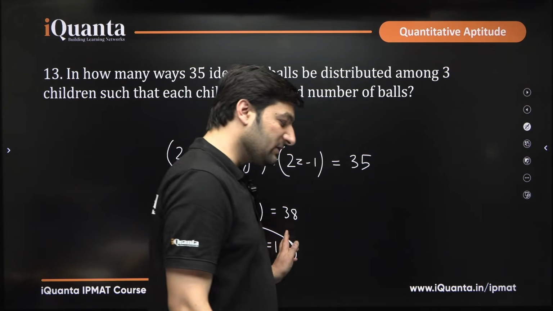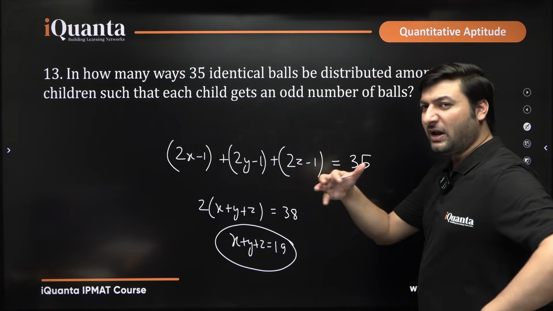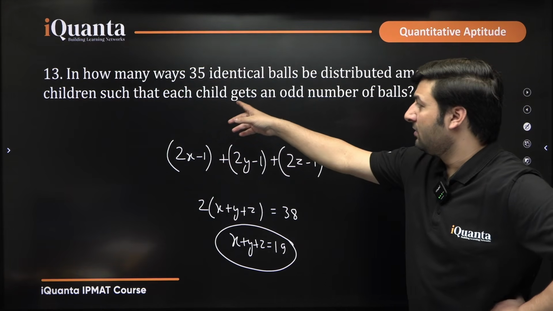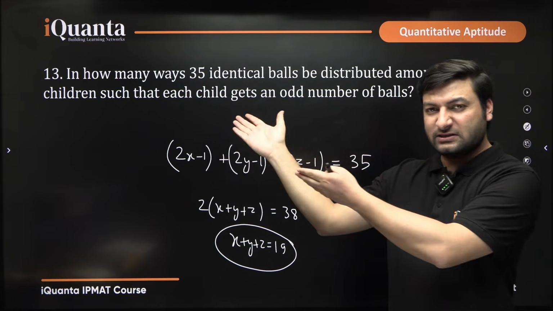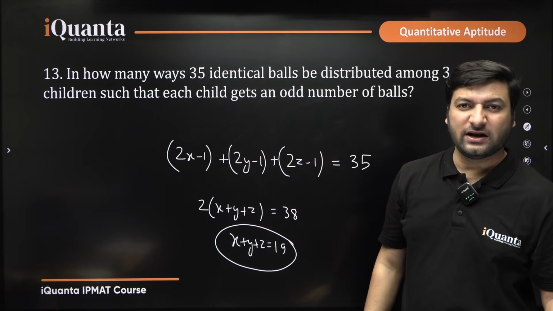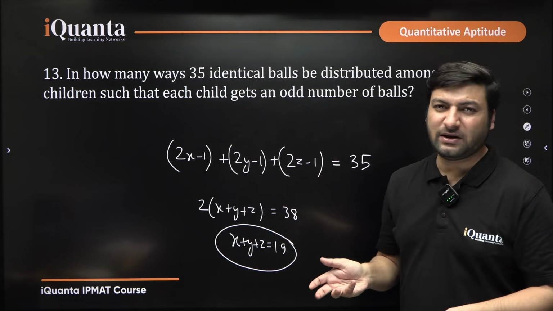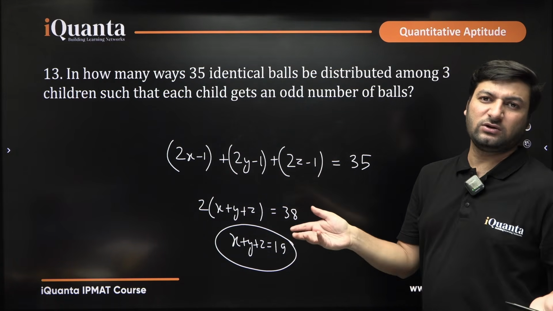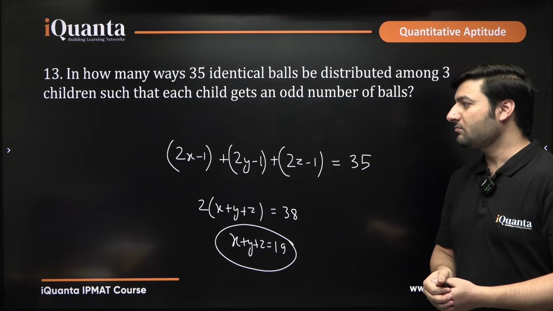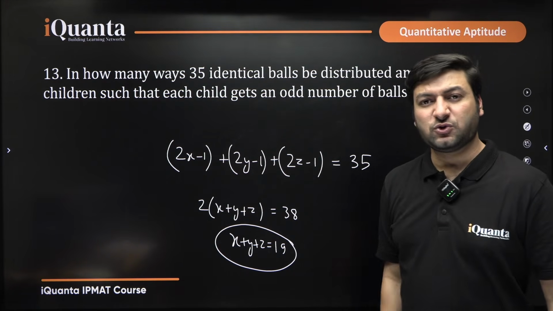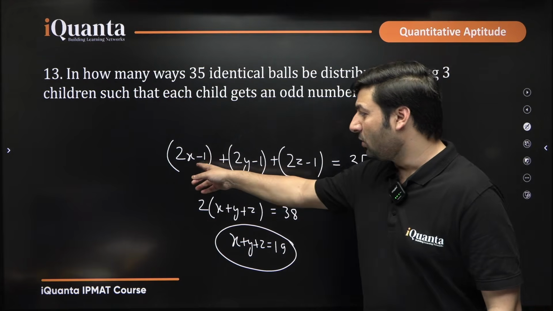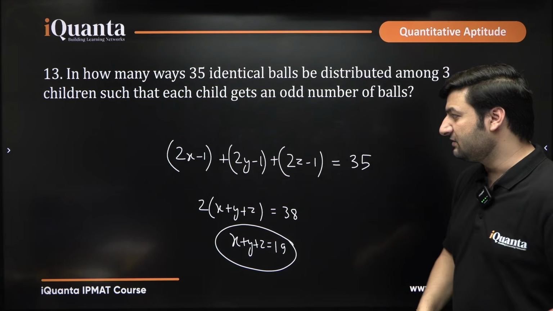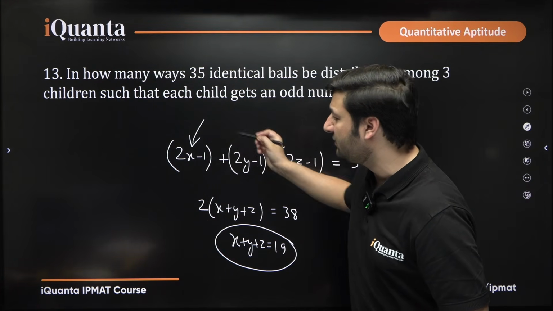Now see what values x, y, z can take. Can a child get minus 1 balls? No, right? A child cannot get minus 1 balls because you cannot say I have minus 1 balls. So what can be the value of x that you can give here? This is the number of balls that the first child is getting.